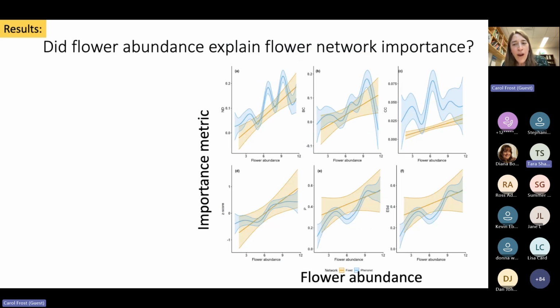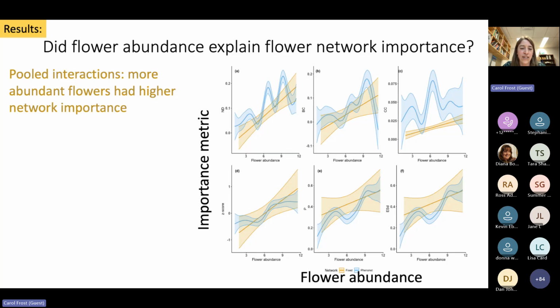Now, did flower abundance explain network importance? Okay, so again, we have importance metric on the y-axis and flower abundance on the x-axis across all the 6 importance metrics. Now, let's look first at the brown lines. The pooled interactions showed this positive relationship. More abundant flowers had higher network importance. But remember, pooling interactions across the whole season is kind of artificial because it means you're putting into one network interactions that don't actually occur together in time.